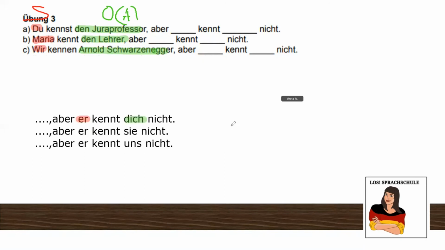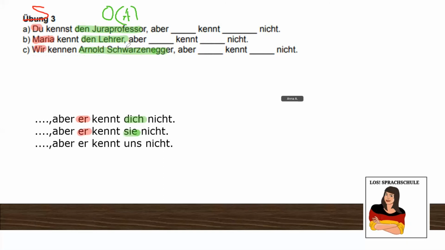Next one. Maria kennt den Lehrer, aber er kennt sie nicht. Again, the teacher was the object in the first part and became the subject in the second part of the sentence, and vice versa for Maria. And the last one, wir kennen Arnold Schwarzenegger, aber er kennt uns nicht.